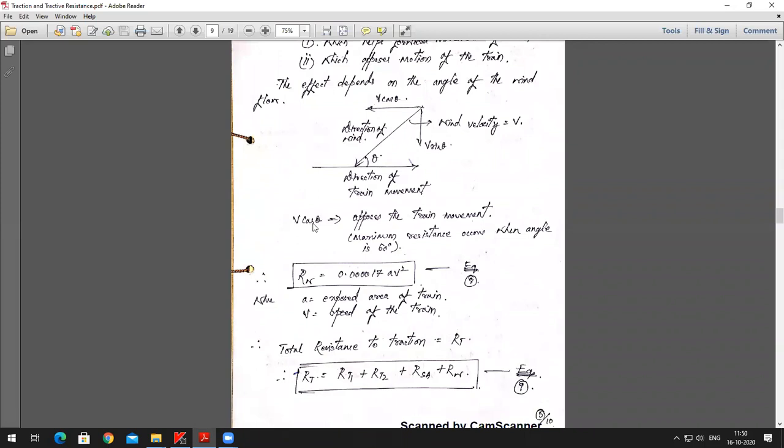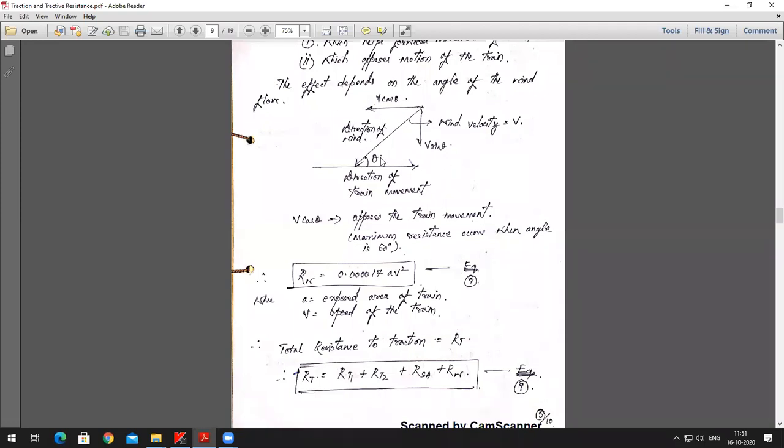Of V cos theta and V sin theta, V cos theta is more dominant in introducing resisting forces compared to V sin theta, which acts along the side. The one that acts against the direction of movement needs to be given more importance. So V cos theta is responsible for opposing the train movement, and it has been found that the maximum resistance occurs when the wind velocity V is acting at an angle of 60 degrees.